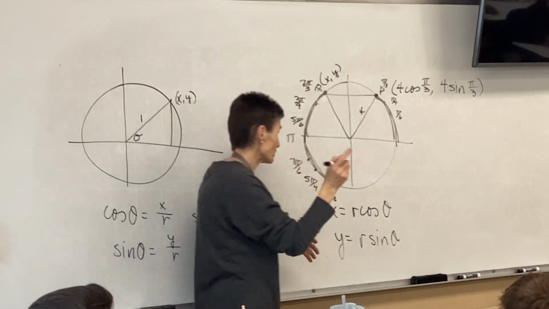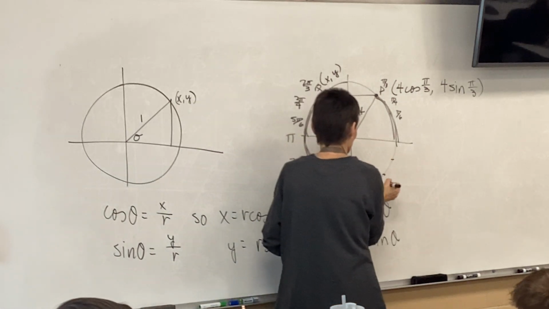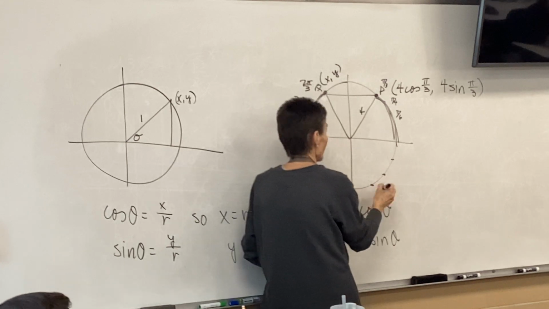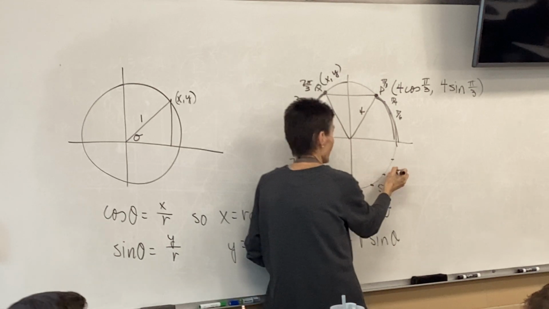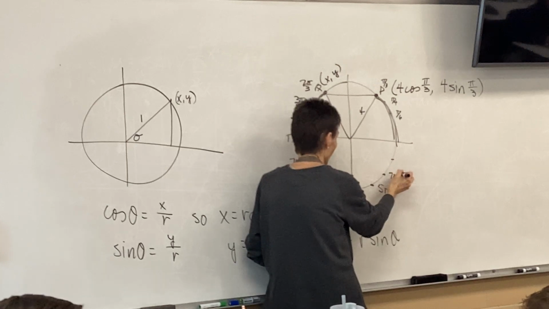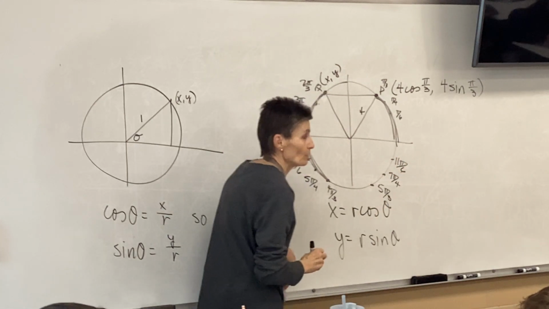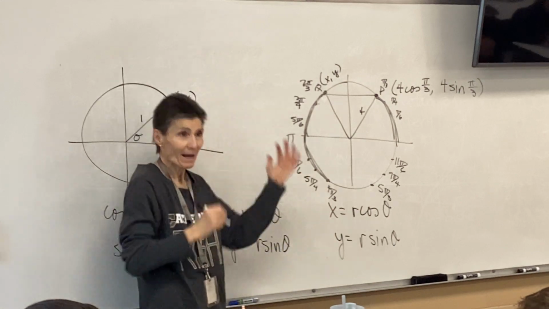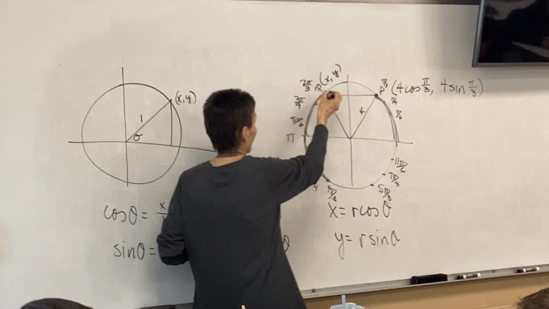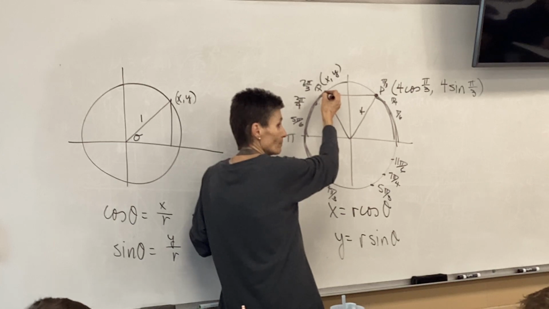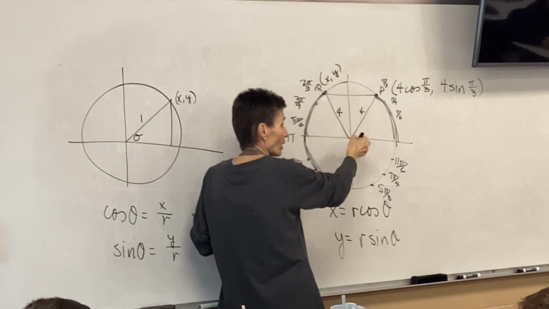All right, one more time. We'll go ahead and do these over here. What's this one? 5 pi over 3, and 7 pi over 4 and 11 pi over 6. Beautiful. Okay, so now back to the question. Now we know our angle is 2 pi over 3. Our radius is 4.